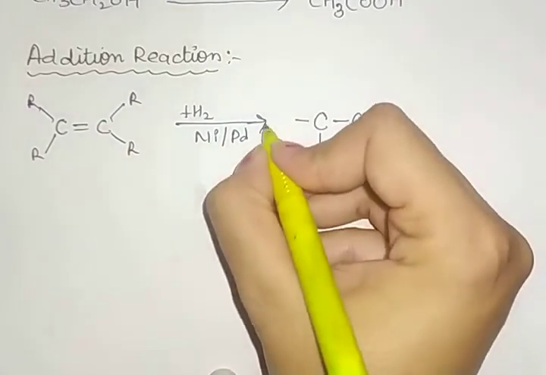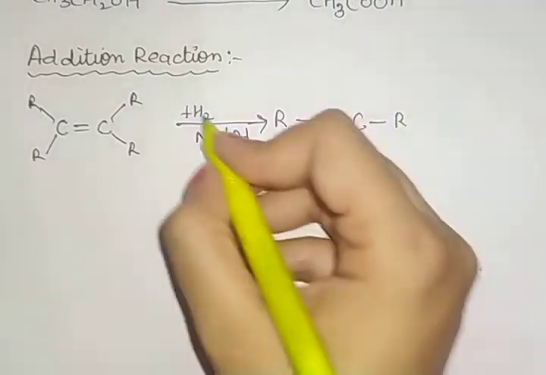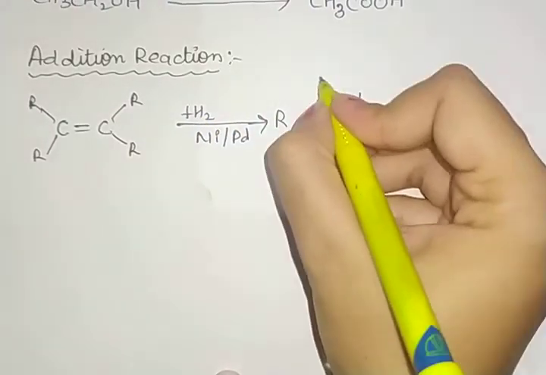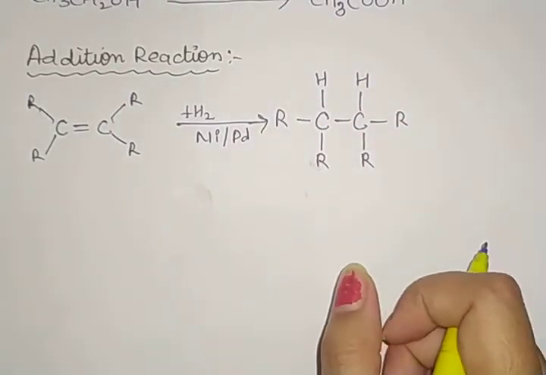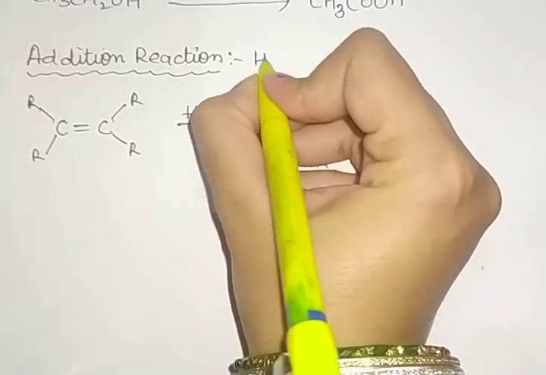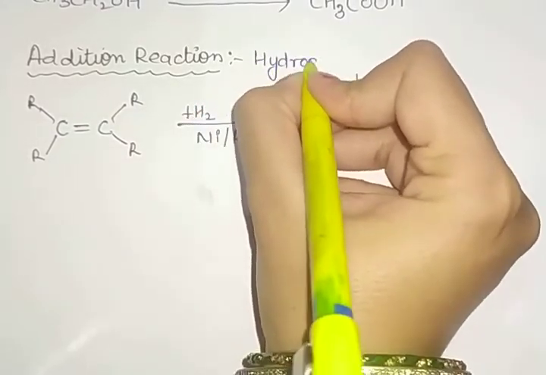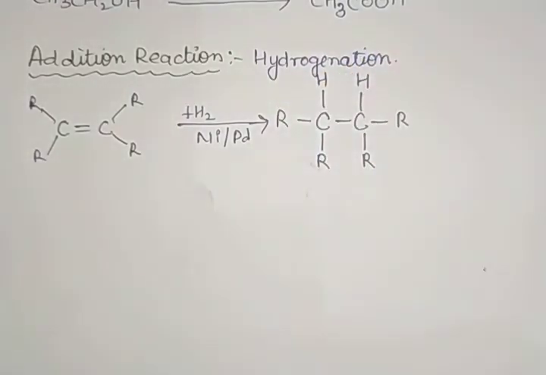As you can see, two alkyl groups are already present, and two hydrogens are added. This is known as an addition reaction. Clear? This reaction is also called hydrogenation. Hydrogenation means addition of hydrogen.